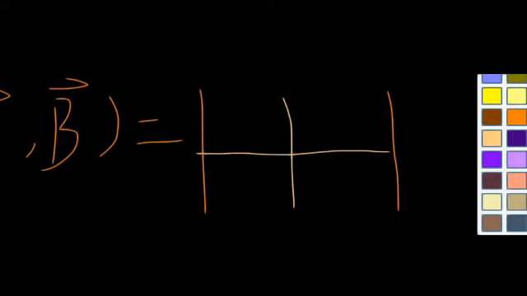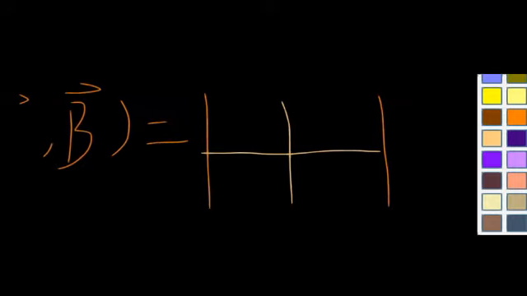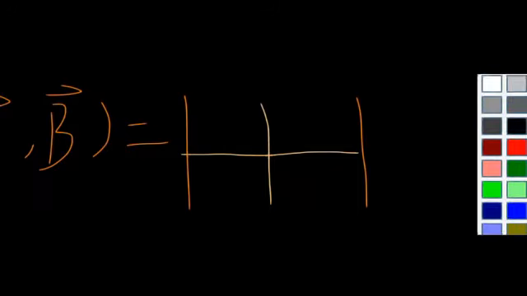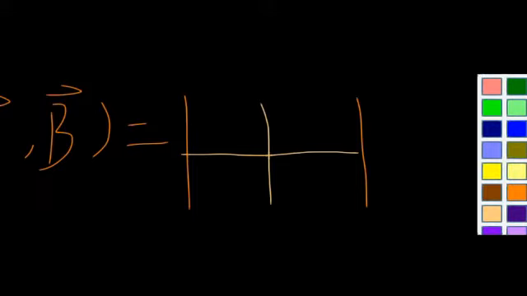And what do you put inside these cells? In the first row of cells, you're going to put the components of the first vector, and in the second row you're going to put the components of the second vector. So first to first, second to second. Hopefully we're clear on that.